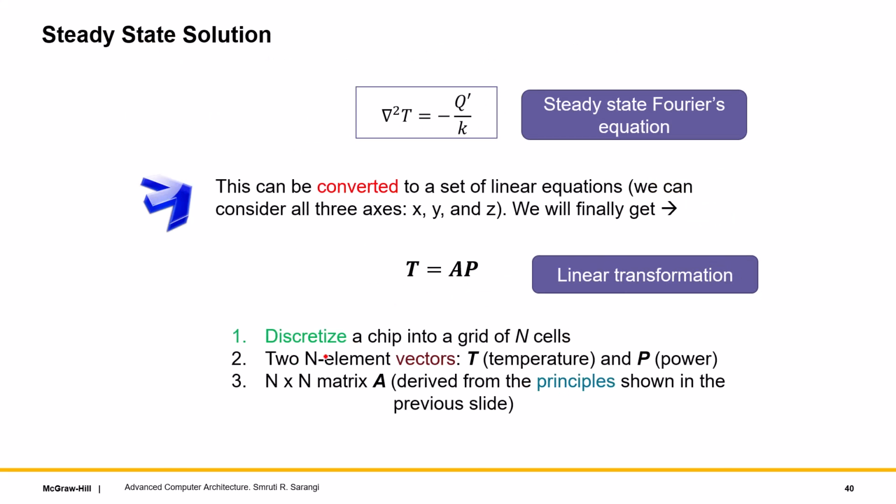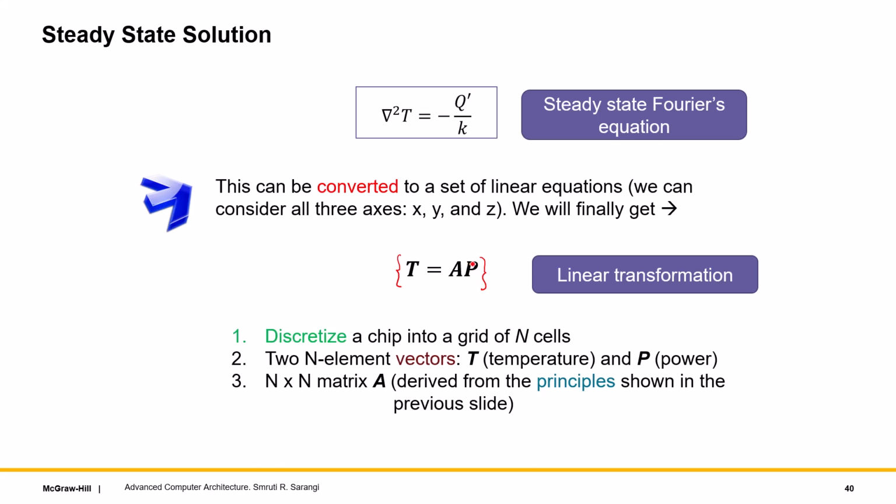So now let's look at the steady state solution of the Fourier equation. This is nabla square T is equal to minus q dash by k. As we have seen earlier, it can be converted to a set of linear equations if we consider all three axes x, y, z. After doing all of it, a little bit of linear algebra is needed to appreciate this.